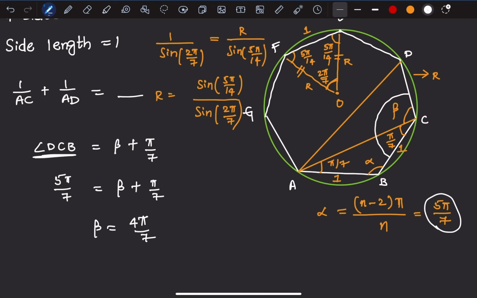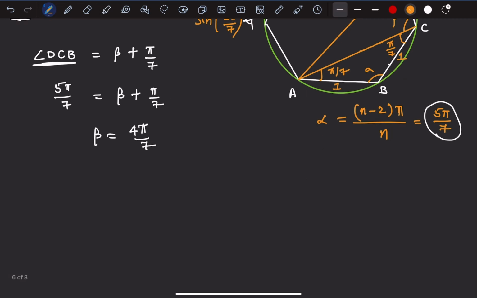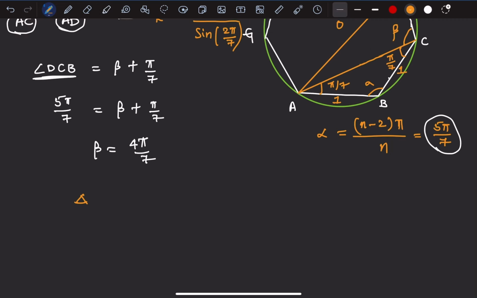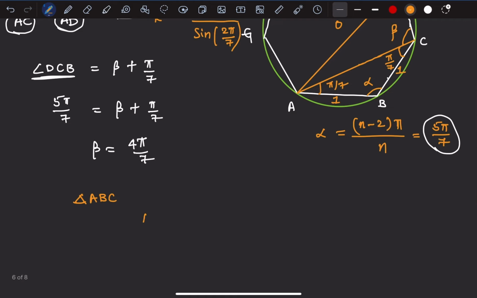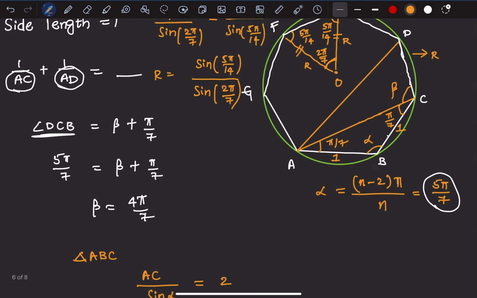Now we have alpha and beta. What we have to do is find an expression for AC and an expression for AD, since that is asked in the question. If you apply the sine rule in triangle ABC, where this is alpha, you get AC upon sine alpha is equal to 2 times the circumradius.